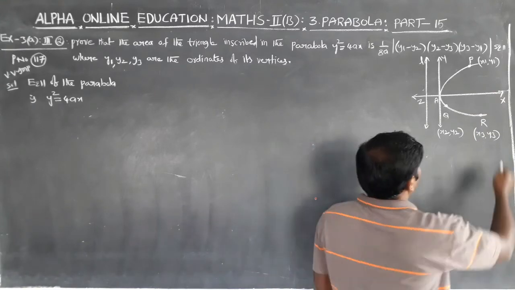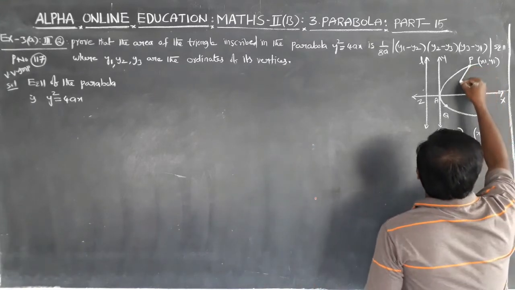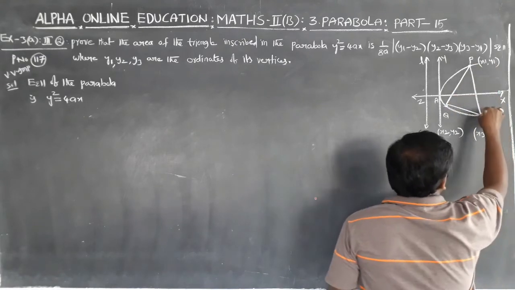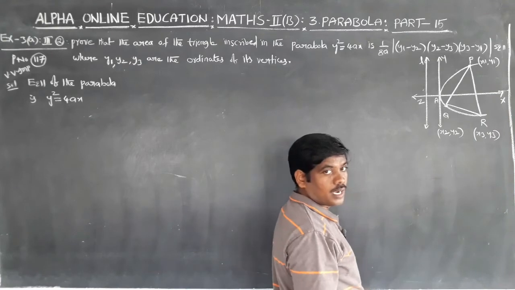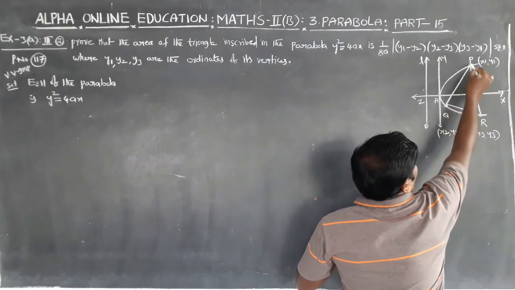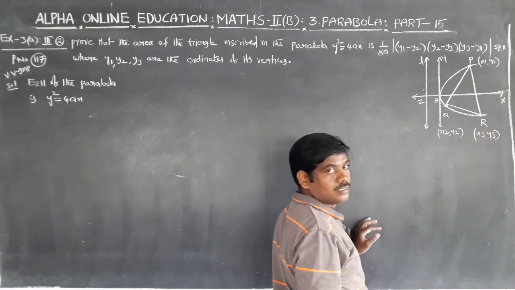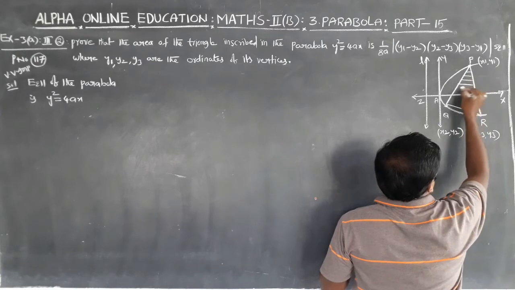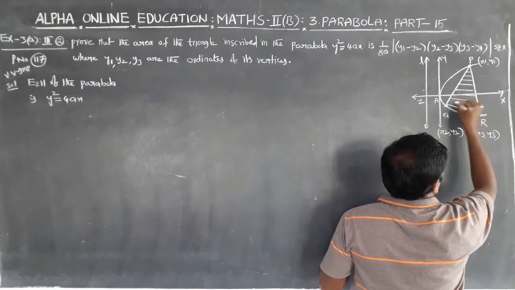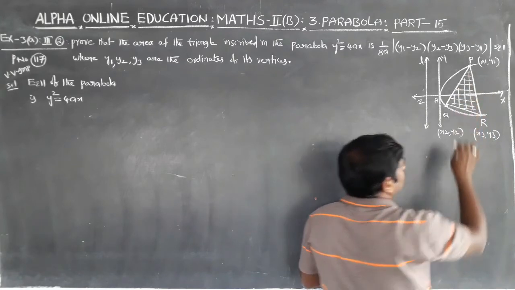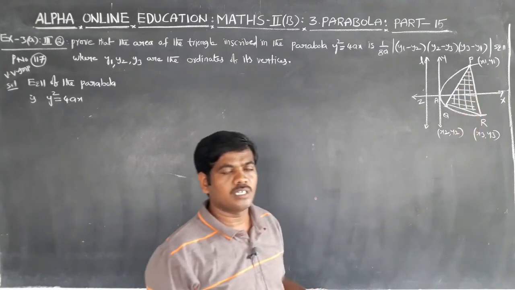Here the line joining PQ, QR and PR forms the triangle PQR, formed by the 3 points P, Q, R. Here PQR is the triangle.